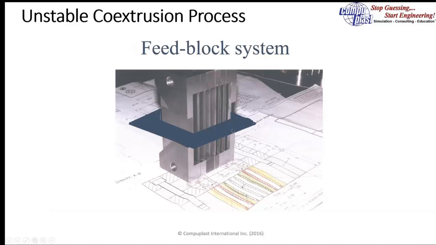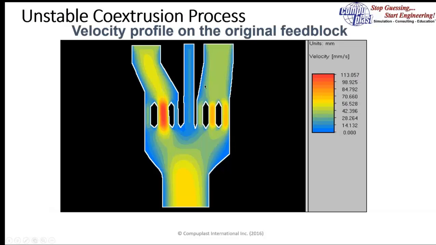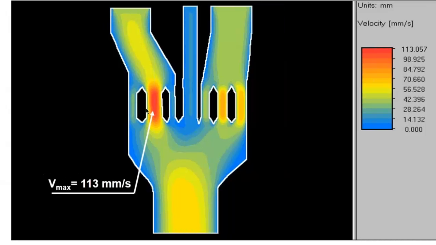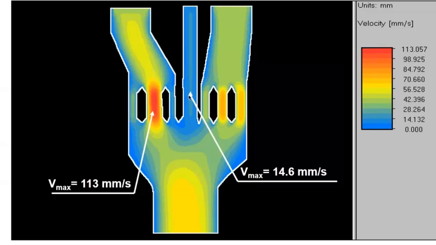finite element method. This is a result showing the velocity in that cross-section. If we look at the numbers, we see that we have a high peak velocity in here where the lamella were slightly unbalanced, 113 millimeters per second. The middle layer had a maximum velocity of 14.6 millimeters per second.